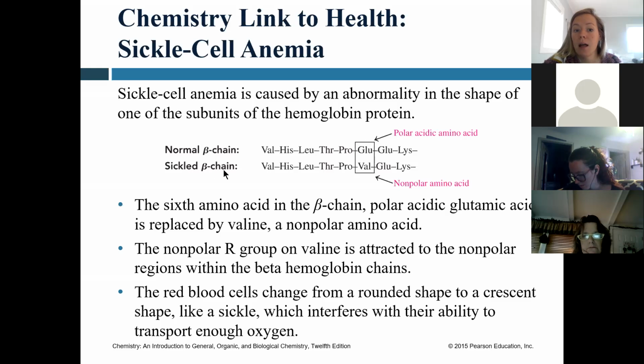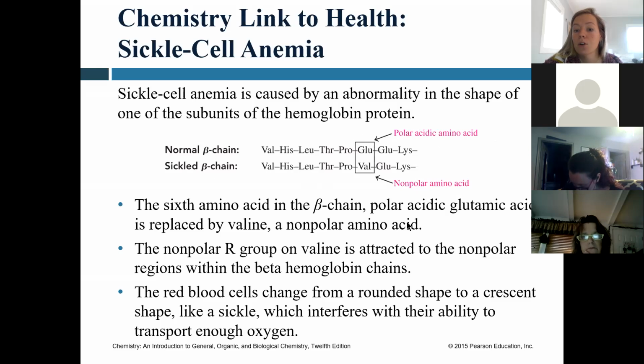If you have sickle cell on this chain, the glu amino acid is replaced with a val, and this val is a non-polar amino acid. That has a huge effect when this thing is polar versus non-polar. So the 6th amino acid is now non-polar.